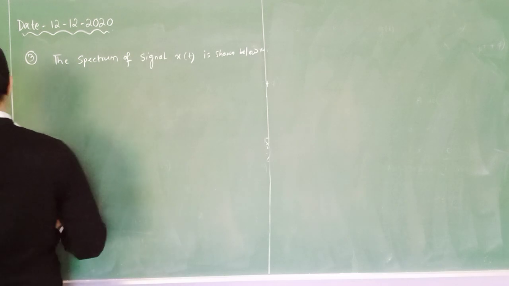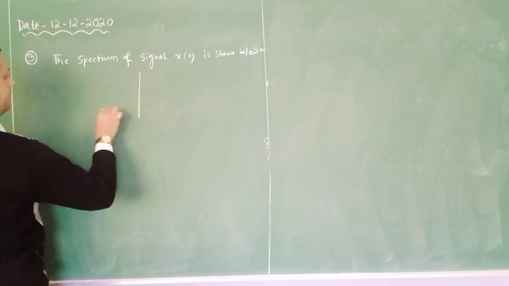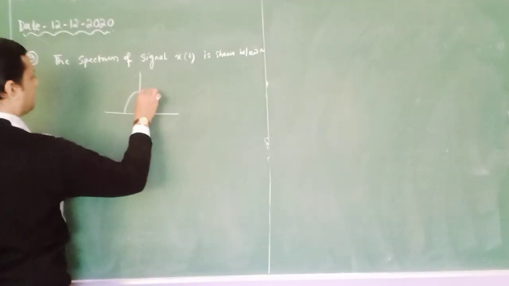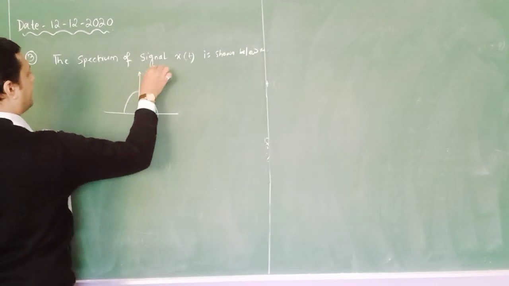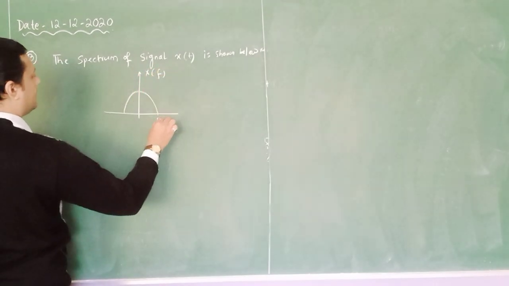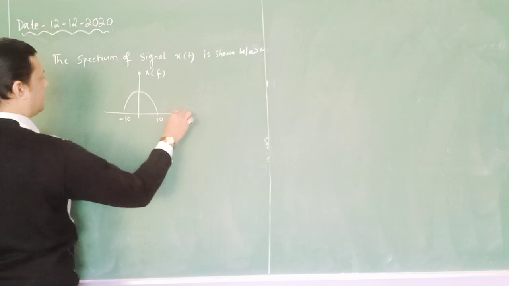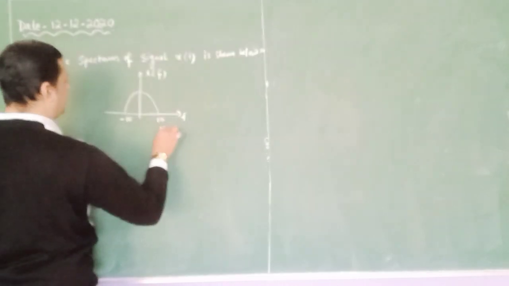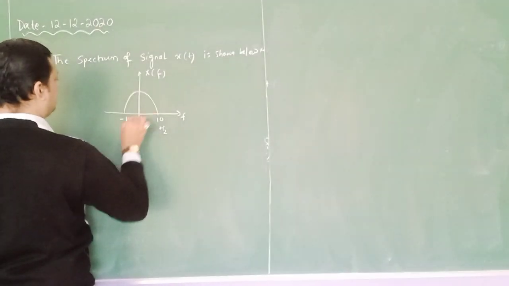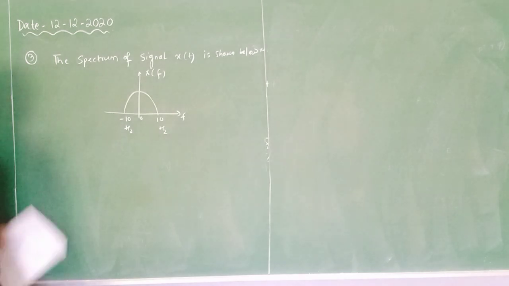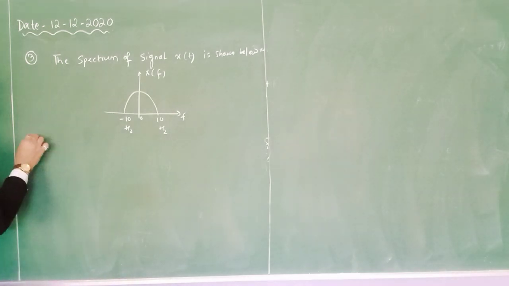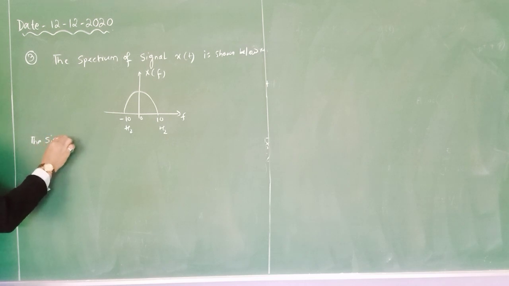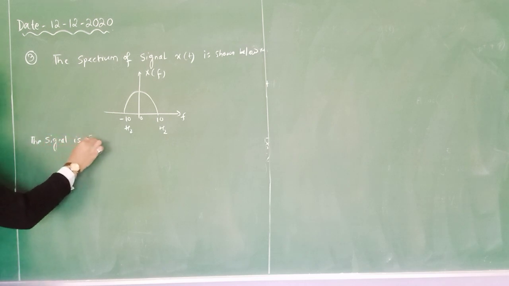The signal is sampled, so we have this one. This is x of f, 10, minus 10, this is 50. This much curve, this is also this much curve. Then the signal, meaning x of t, is sampled.